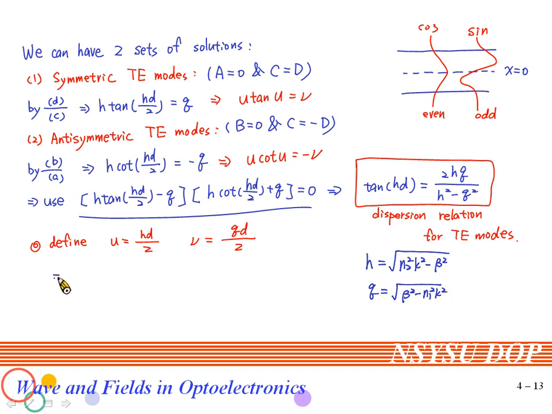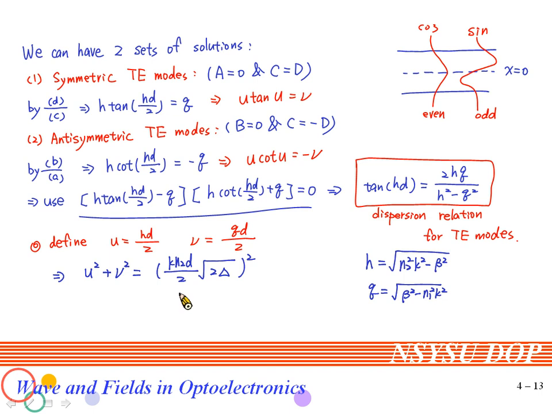So clearly, you can find out that U squared plus V squared will be k n2 d over 2 times square root of 2 delta, squared.